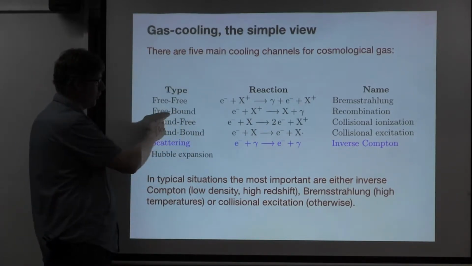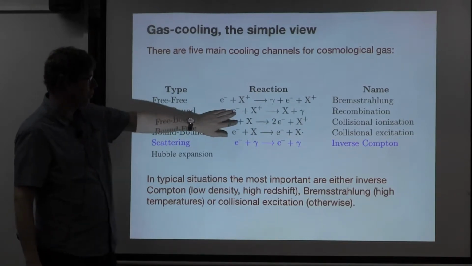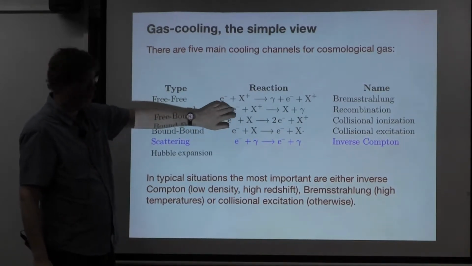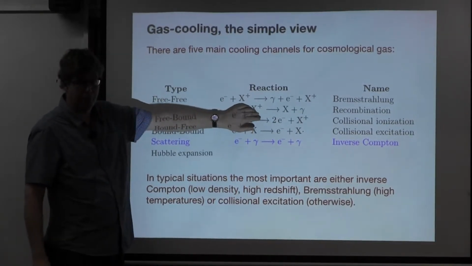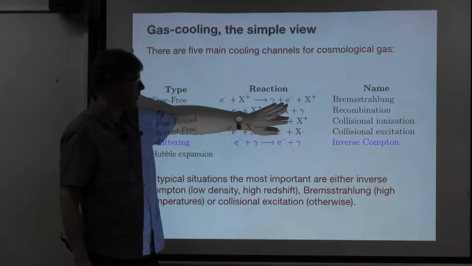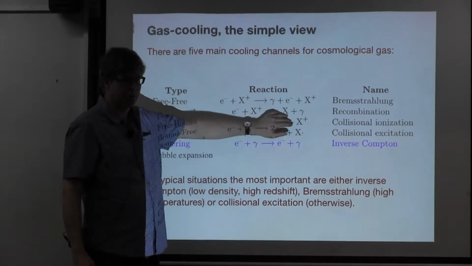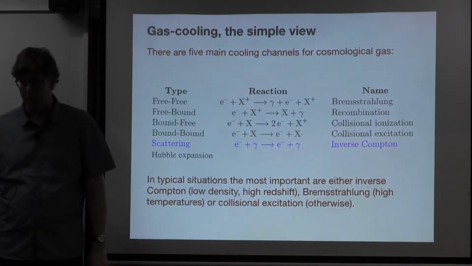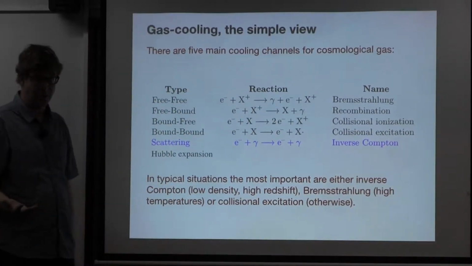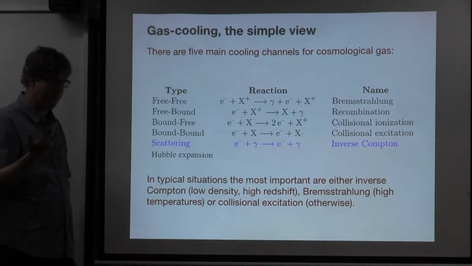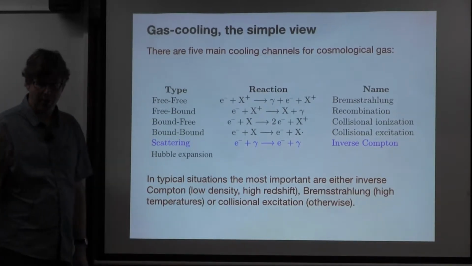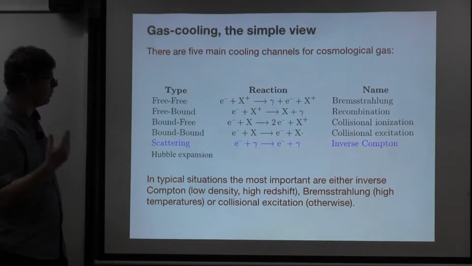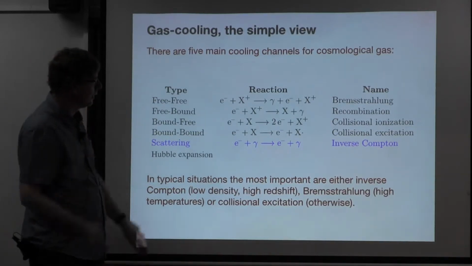The next one is free-bound. When you have an electron that combines with an ion and creates something that's possibly neutral or at least less ionized, you give off a photon. This is recombination radiation. That is very important because it tells us when galaxies form stars, and I'll repeat again what I talked about the first day later.